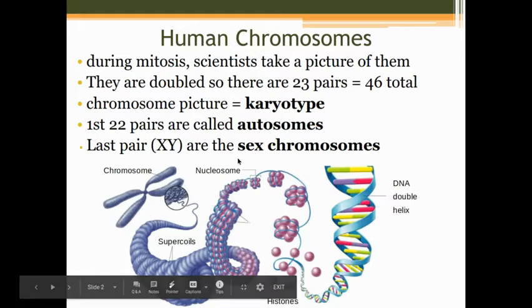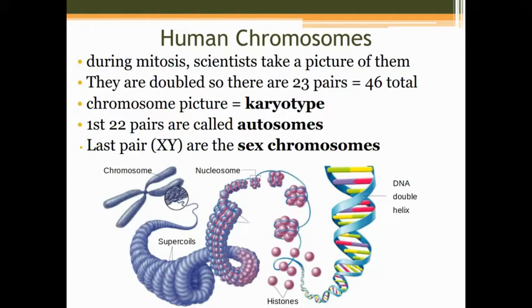Those supercoils are going to be wrapped back and forth to form a tight pile that forms one part of this chromosome. All right. And then you're going to have the identical copy of that DNA that's going to be connected to it at the centromere.